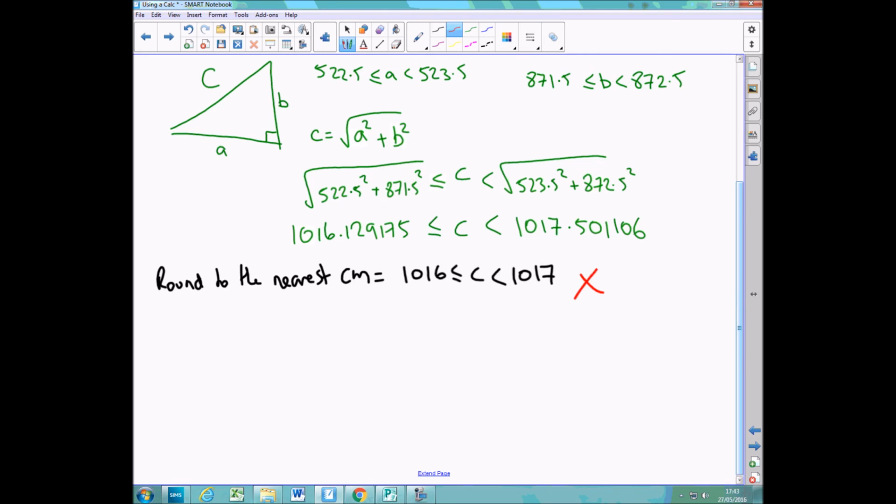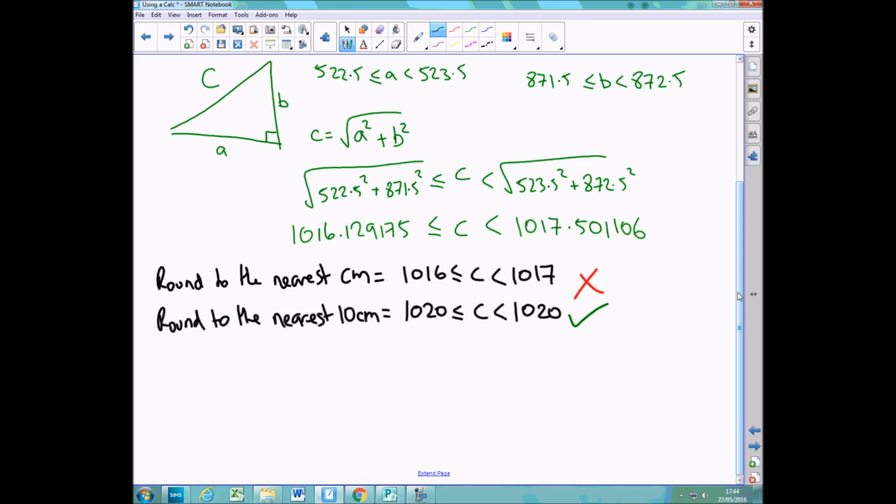So this is not right because I don't have the same number. But if I round to the nearest 10 centimetres, I get 1020 centimetres for my lower bound, and I also get 1020 for the upper bound.